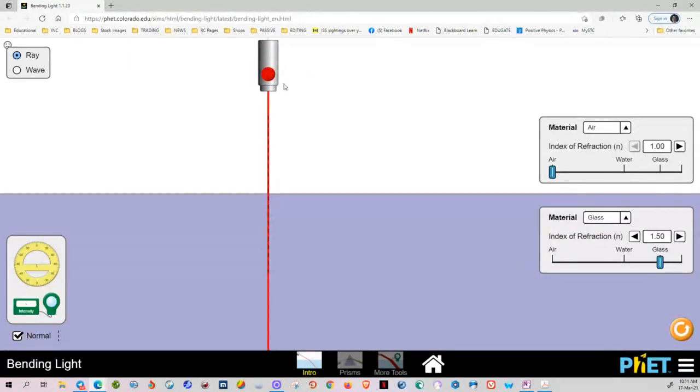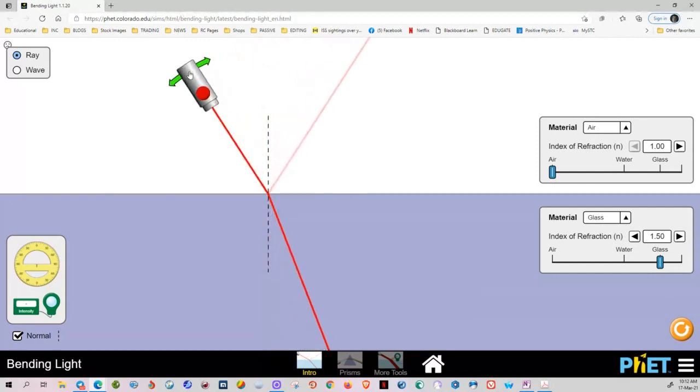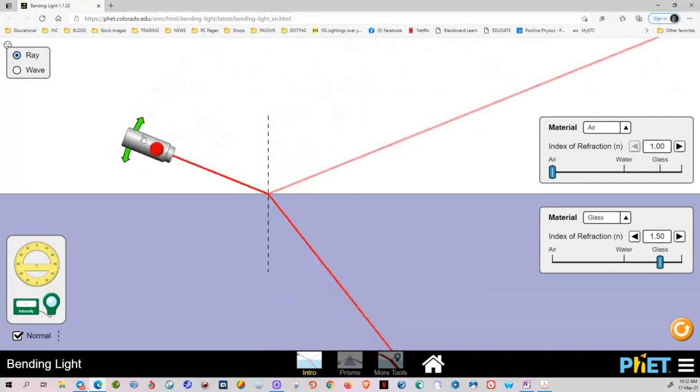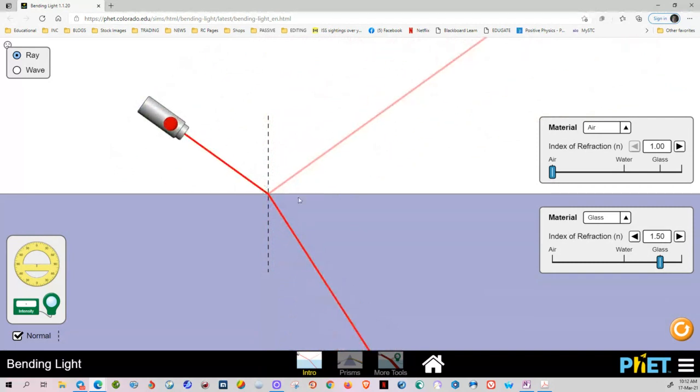The light is being reflected from the surface. Some of the light will pass through, because this is not completely opaque. It's actually transparent glass. And if you change the angle of the incident ray by moving it, you can see that the reflected light also changes.